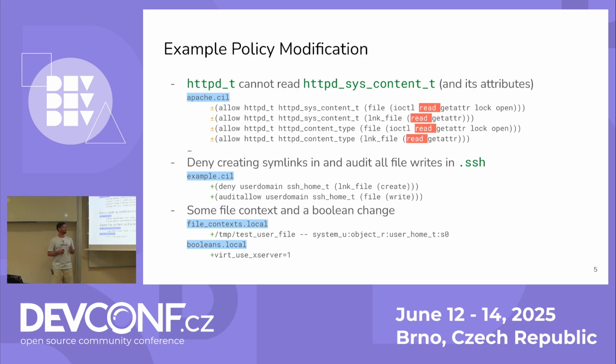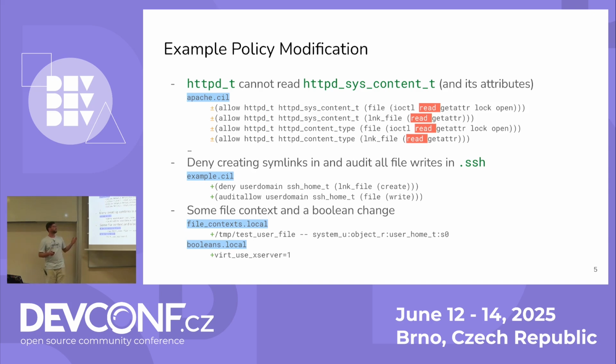One is denying every user domain to create symbolic links in the SSH directory, and also another rule that will force every write to the same directory to be audited. That is included in the audit log. Lastly, I also included some change to file contexts and booleans.